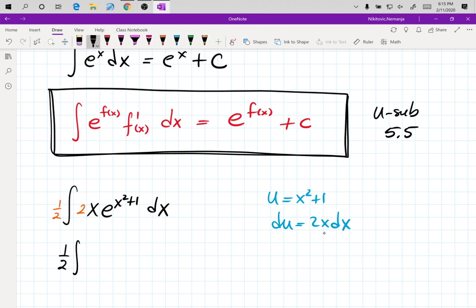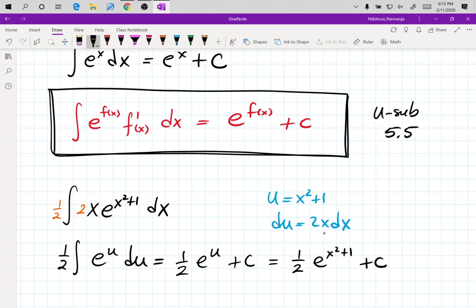It's 1/2 integral of e to the u du, which is the basic integral up there. So 1/2 e to the u plus c. I don't care about u, I care about x, right? So 1/2 e to the x squared plus 1, plus c, and off you go.